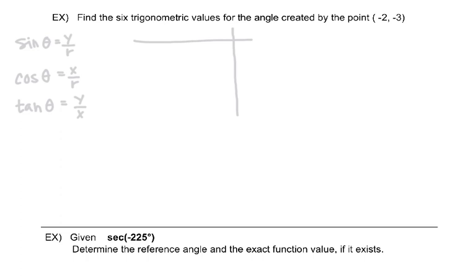The point -2, -3 is in quadrant 3. We have a point roughly here. So we have some angle created by that point. It's a full rotation around this way.